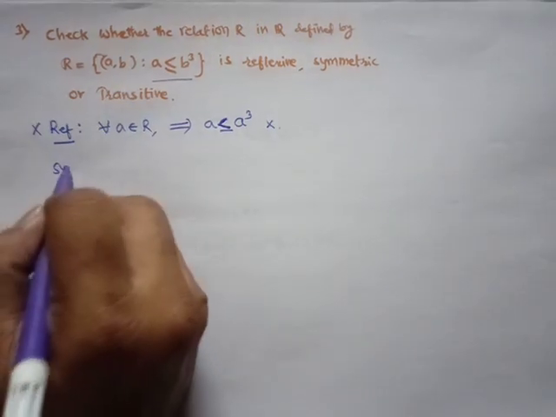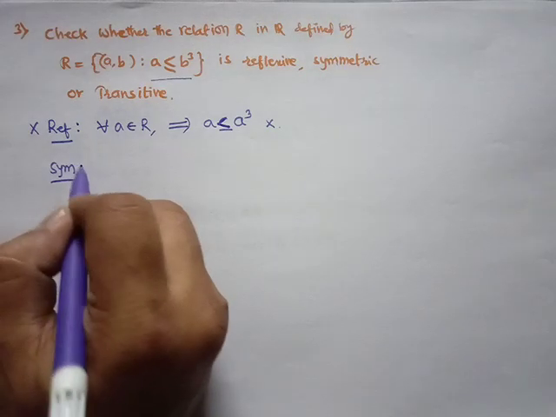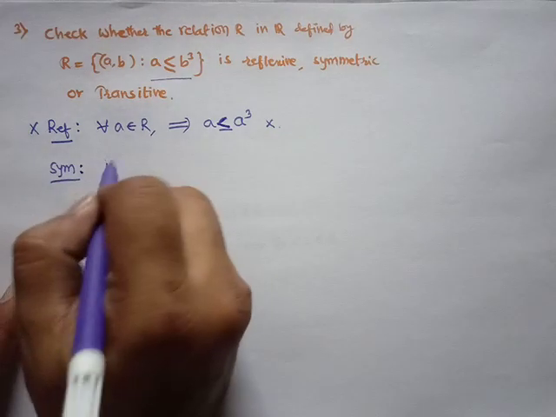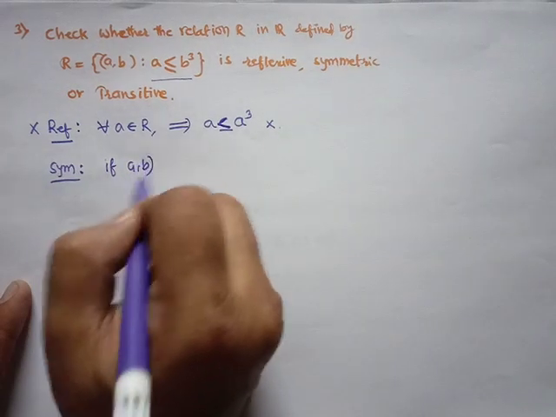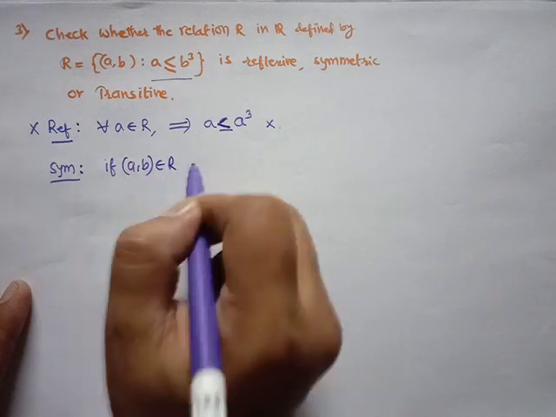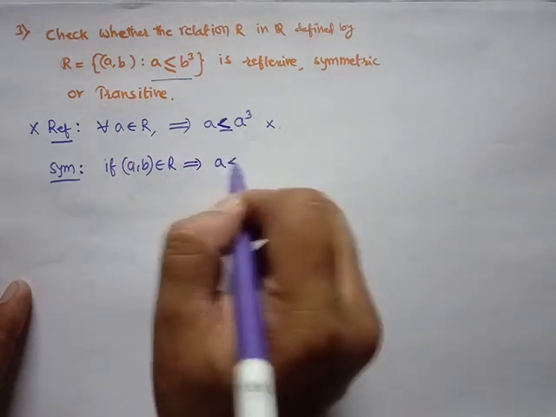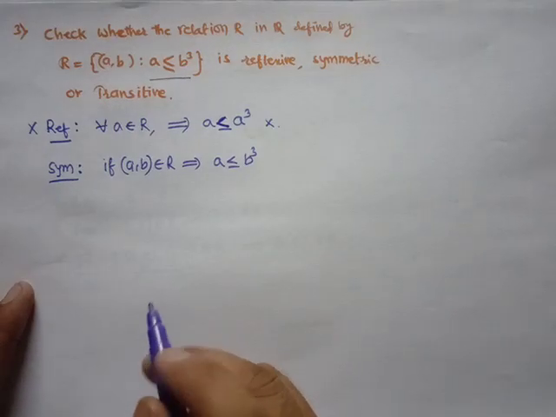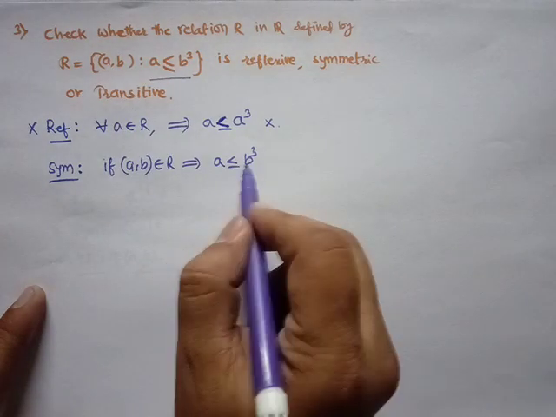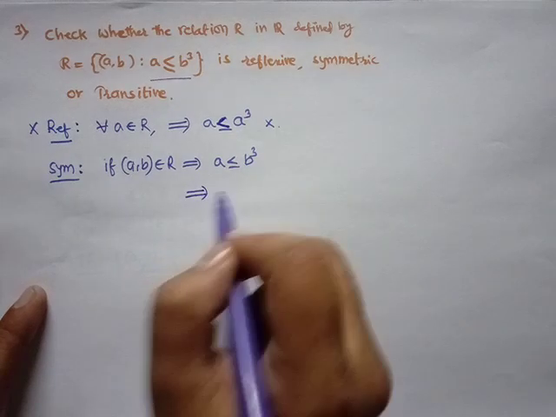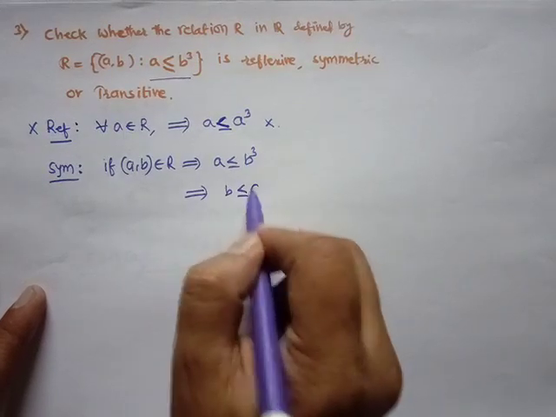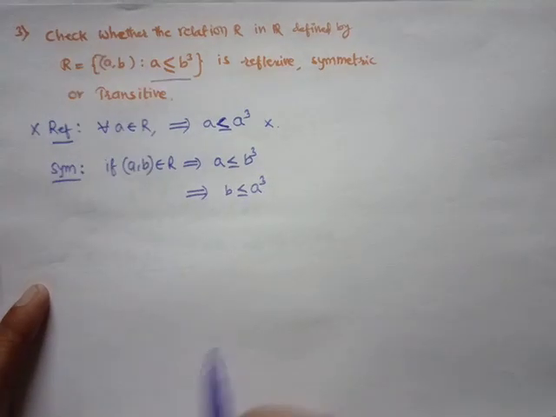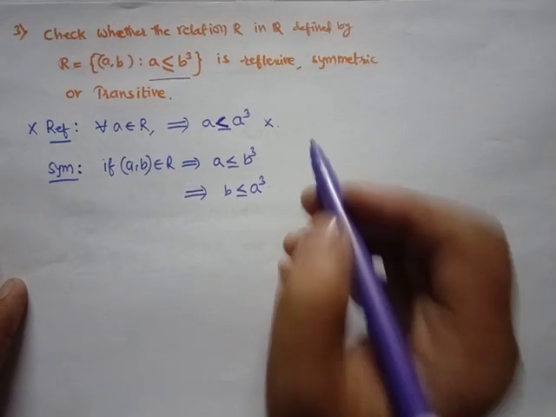Now coming to the symmetric case. If (a, b) belongs to R, this implies a ≤ b³, but from this condition we cannot say b ≤ a³.